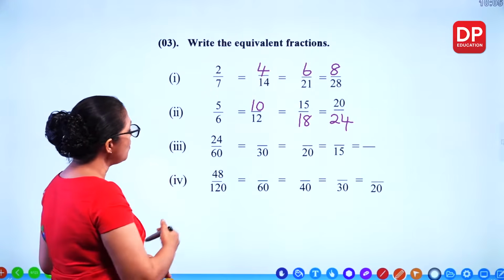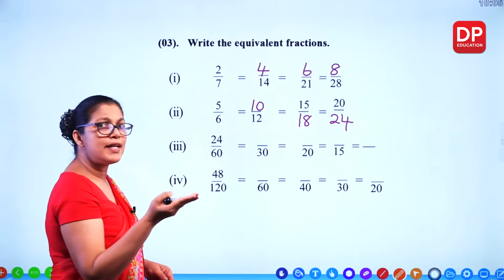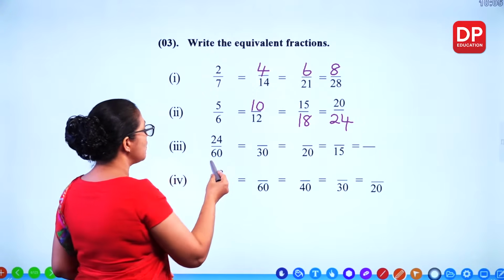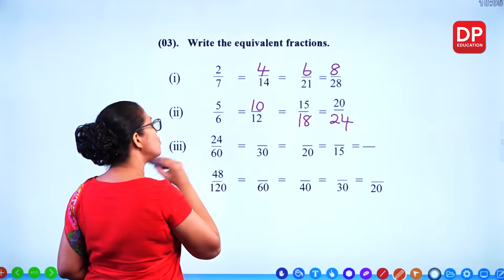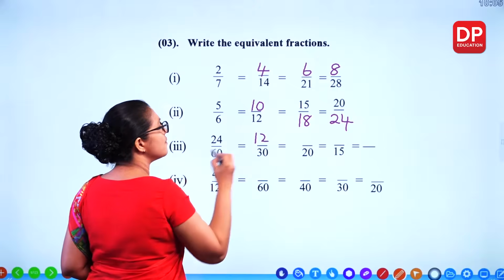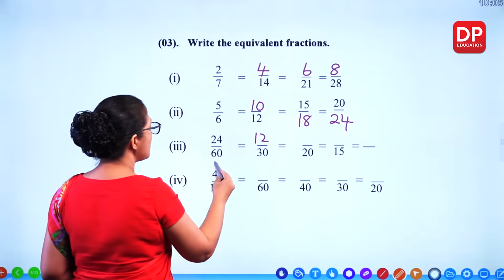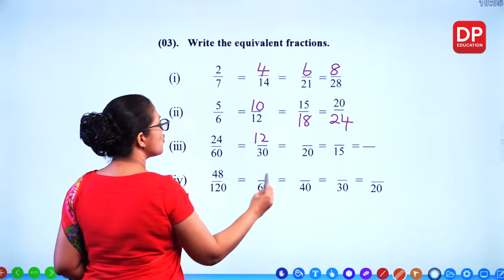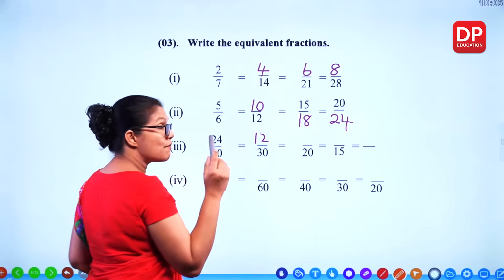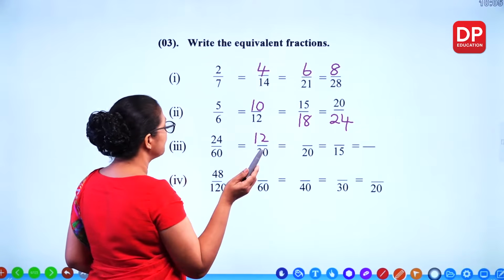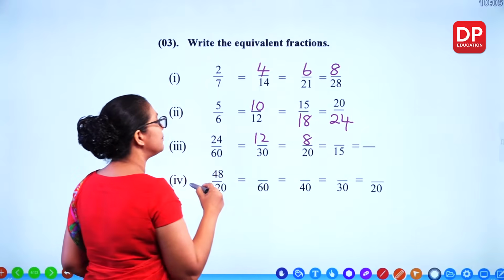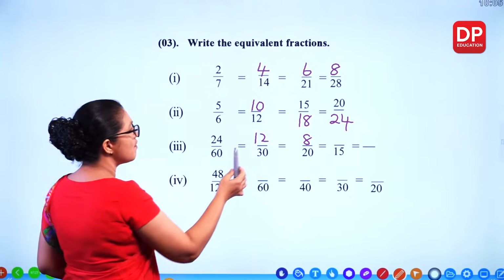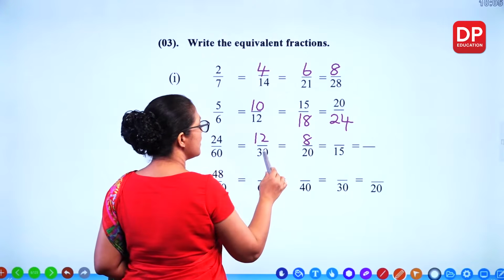Look at this one now. Reduced. That means divided by the same amount. Divided by 2, you get 30. Divide by 2, here you get 12. Again, here to here, 60 to 20, that's divided by 3. So divide this by 3, you get 8 here. Then from here to here, you can do 30.